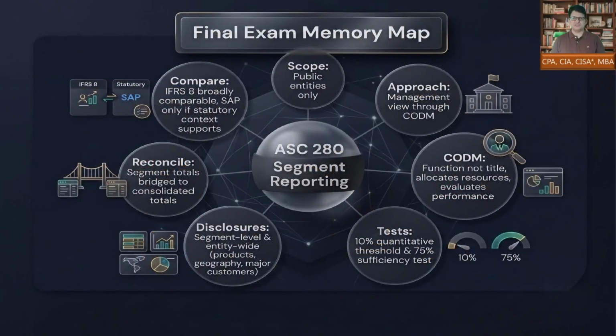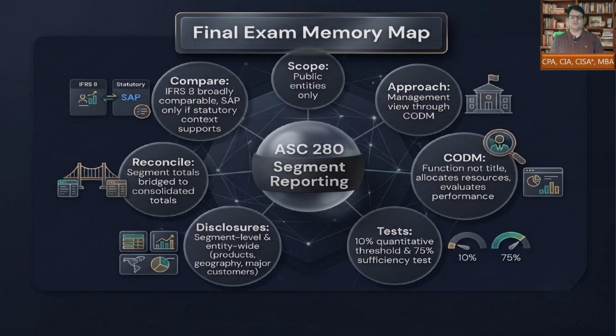Let us close ASC 280 with the full memory map. Scope, the topic applies to public entities. Approach, segment reporting follows the management view through the CODM. CODM, focus on function, not title, because the CODM allocates resources and evaluates performance. Tests, use the 10% quantitative thresholds and the 75% coverage test.